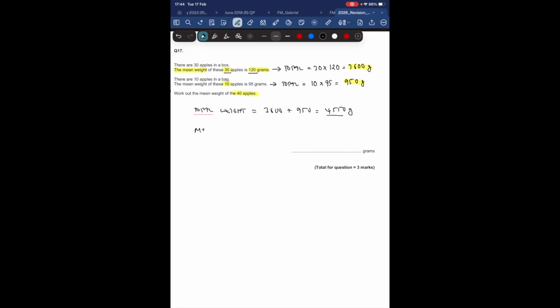So the mean weight of the 40 apples, which is the weight of each apple, will be 4,550 grams divided by 40, which gives us a mean of 113.75 grams. So on average, each of those 40 apples weighs 113.75 grams.